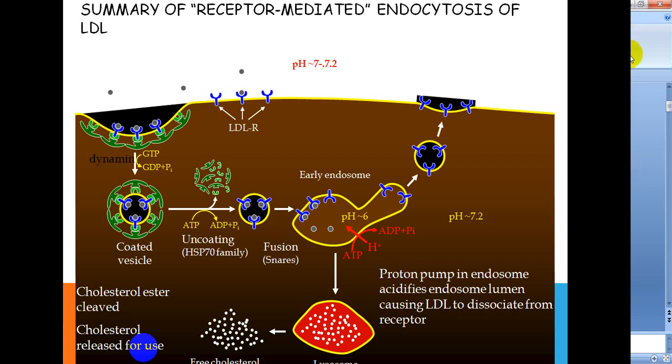For example, flu viruses, diphtheria and cholera toxin all use the receptor mediated endocytosis pathway to gain entry into the cell. Suppose a certain type of molecule were removed from the blood by receptor mediated endocytosis, then there will be certain problems with the functioning of the cell.